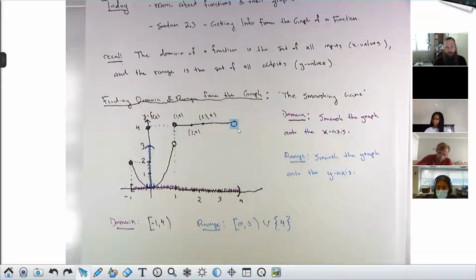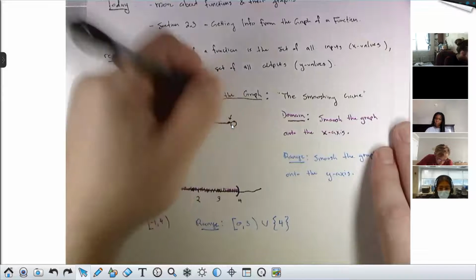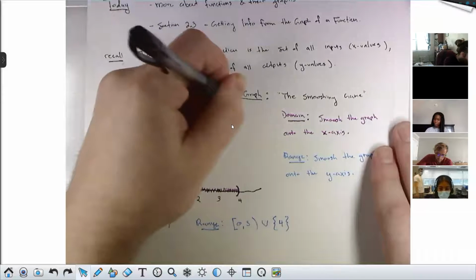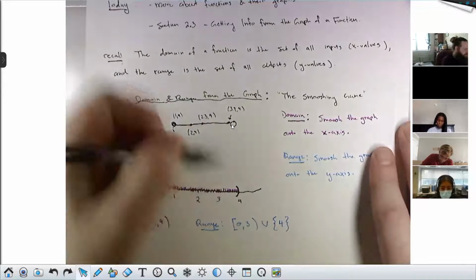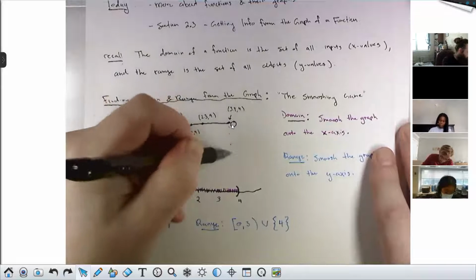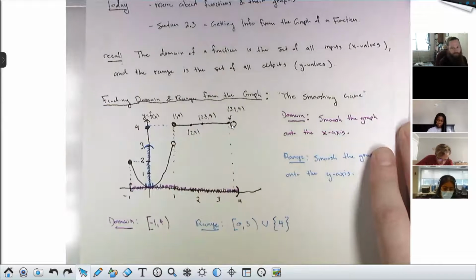So there is no point on this graph whose x value is 4. You've got 3.9, you've got 3.7, you've got 3.99, right? Right in here is a point that's like 3.9, and that point is going to project or smoosh down here to 3.9 along the x-axis.